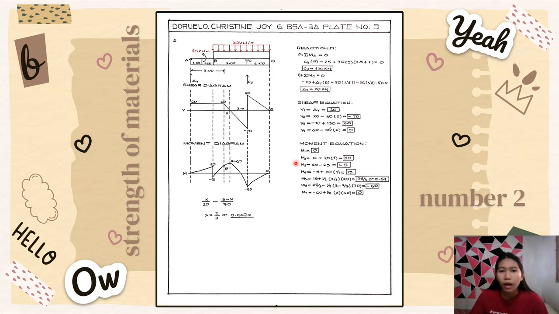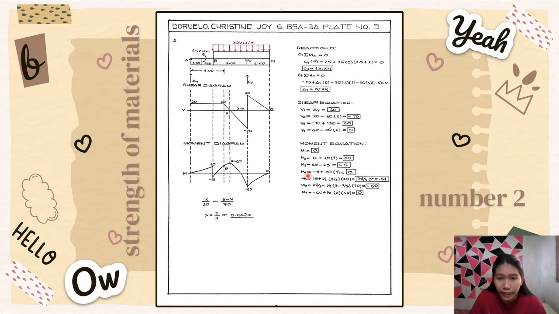So here. And for the moment equations, moment 1 is equal to 0. So here, start here. And moment 2 is equal to 0 plus 20 times 1, is equal to 20. So we got 20 upward. So here.